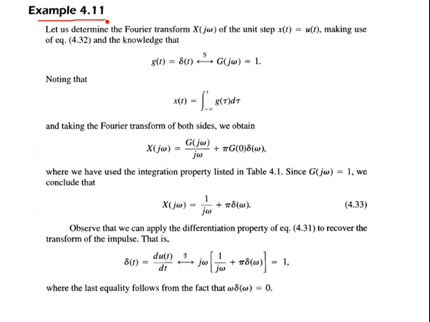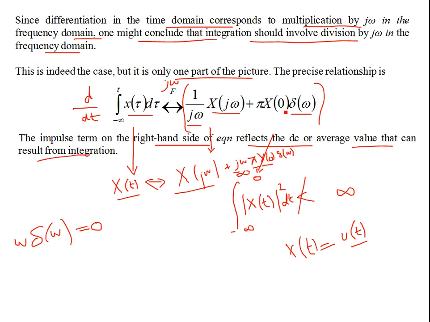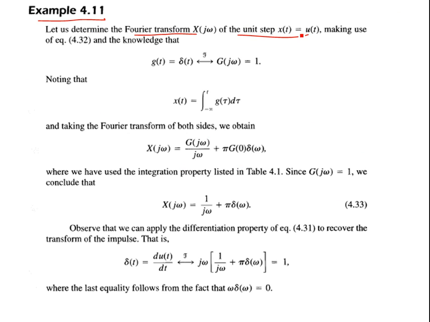This is example 4.11 from your course text, and it says let us determine the Fourier transform X(j omega) of a unit step function u(t). As I said earlier, u(t) is neither absolutely integrable nor of finite energy, but it does have a Fourier transform, and the transform will exist in terms of delta functions, because it does not obey Dirichlet's conditions.